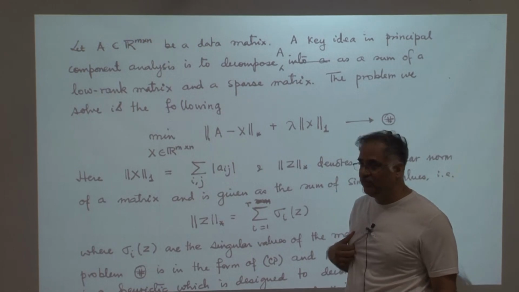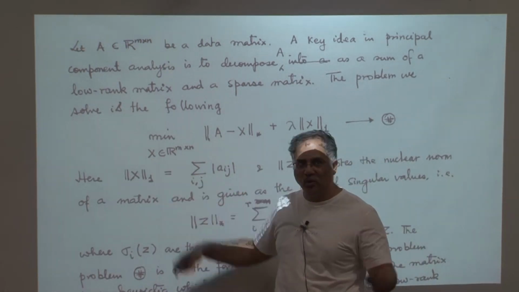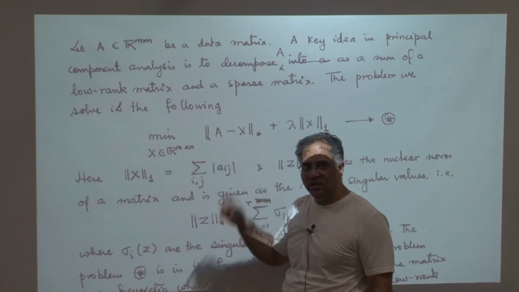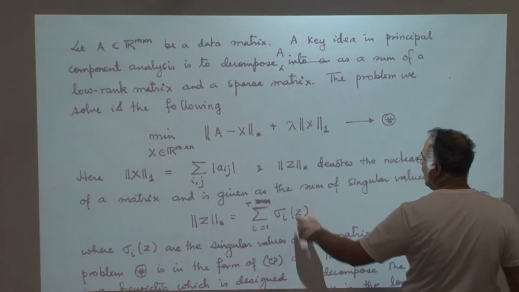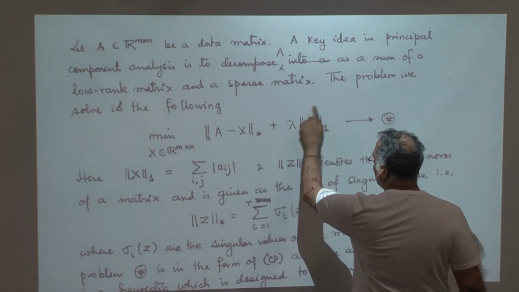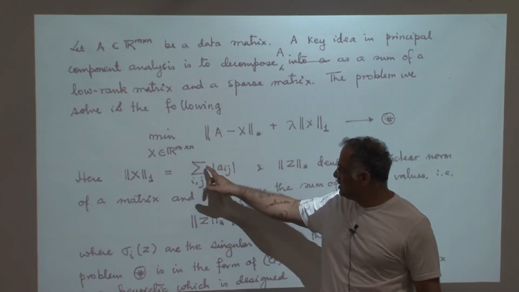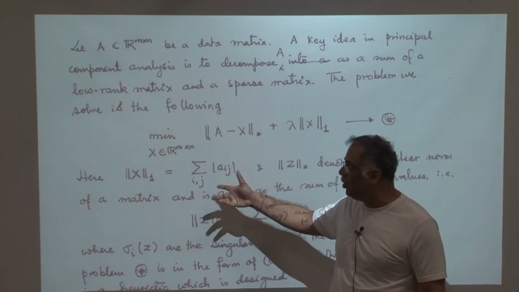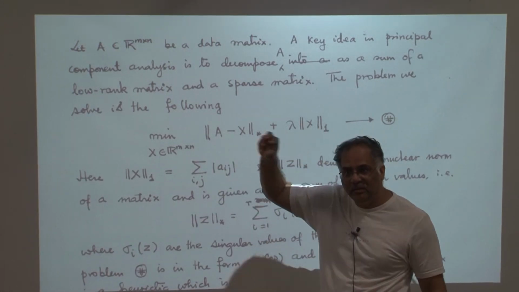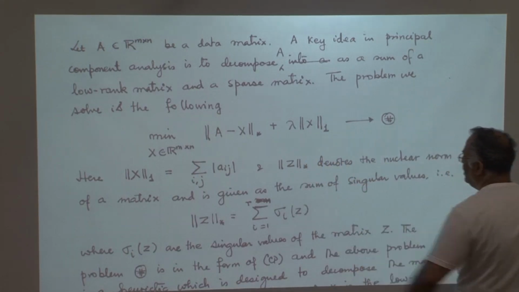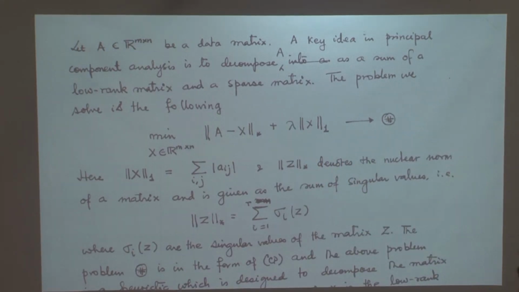Now, please be careful, here my variables are no longer x element of Rn, but my variables are matrices. And this norm that you see, norm x1, is a summation of mod Aij of all the elements in the matrix, and this norm Z star denotes the nuclear norm.